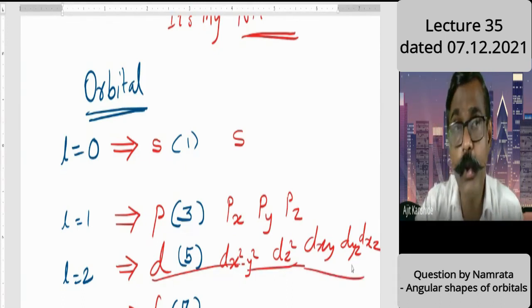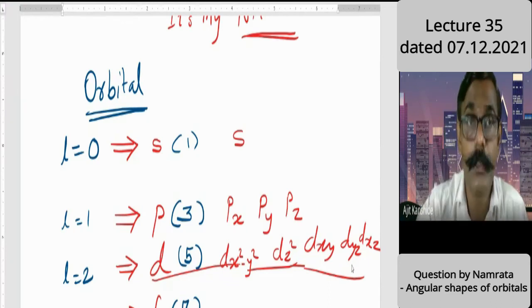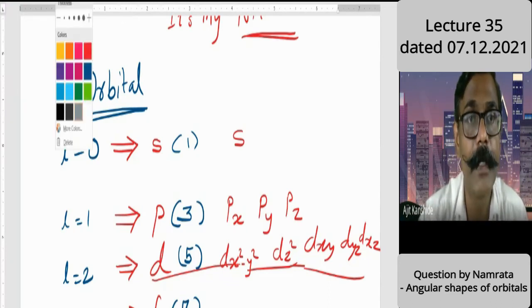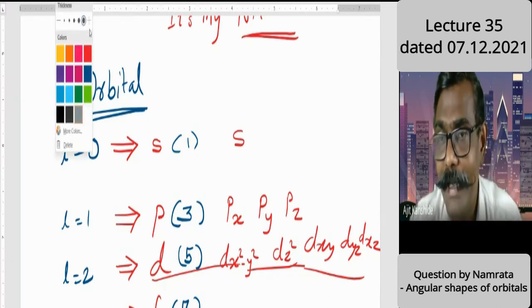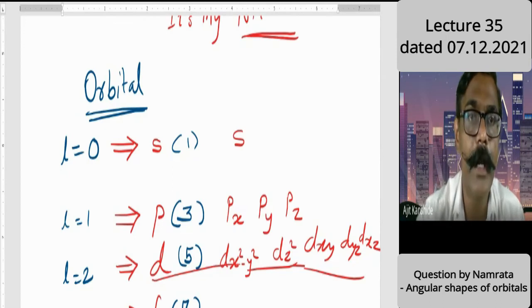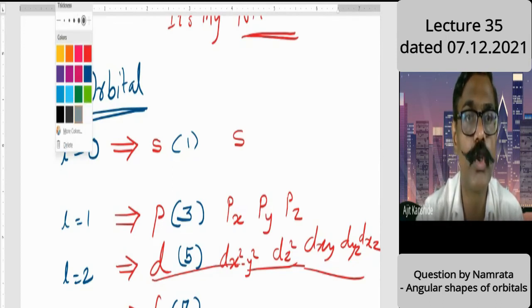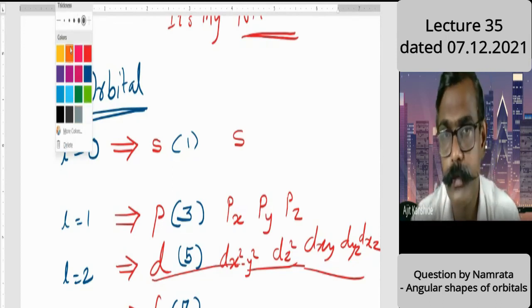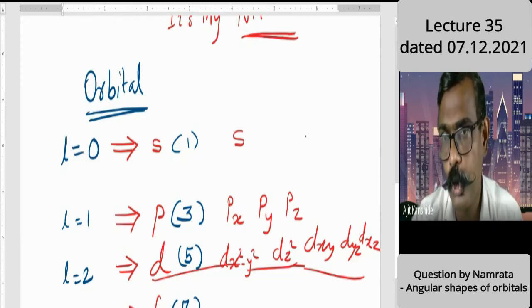So if I have to represent their shapes, say for example the s orbital, how can I represent an s orbital? If I consider the nucleus here, by blue color I show the nucleus. Here is the nucleus.